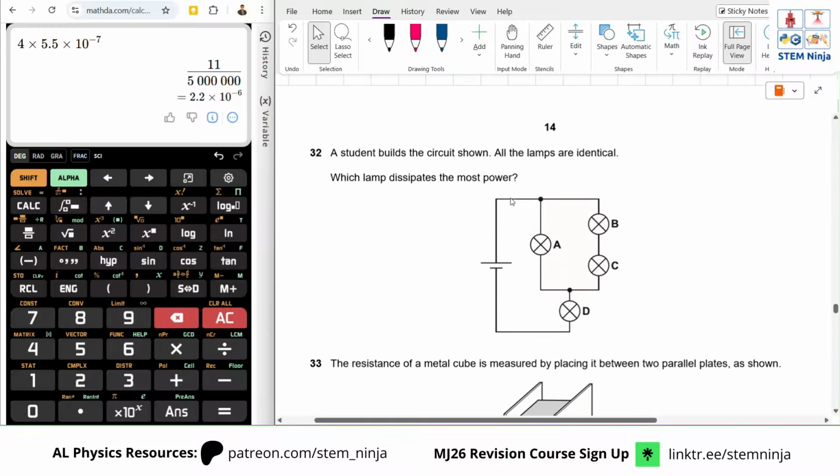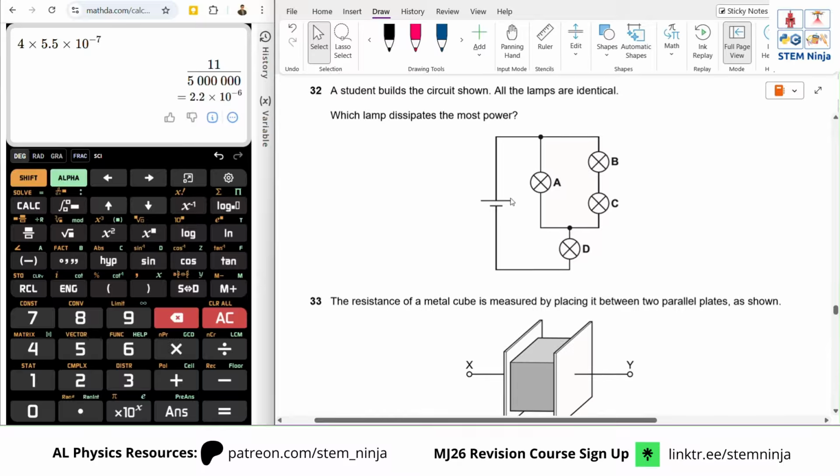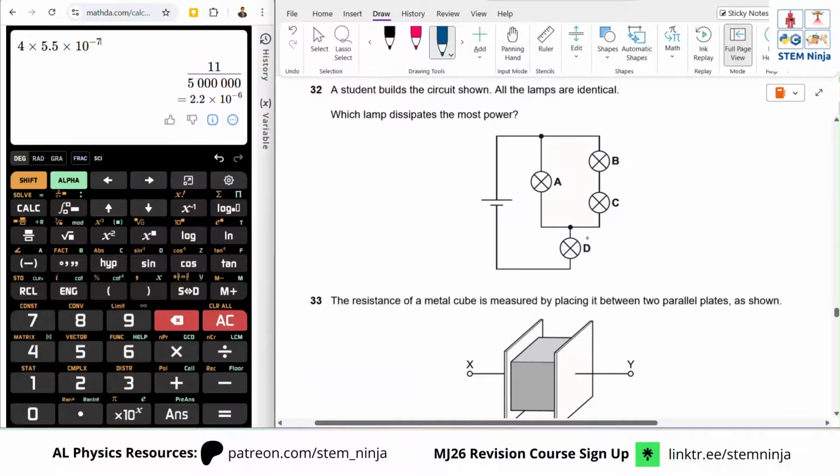Okay. A student builds the circuit shown. All lamps are identical. Which lamp dissipates the most power? This would be straightforward, part D. Why? Because Kirchhoff's first law tells us that when there's a current branching, the current will decrease, and the current entering will equal the current exiting.